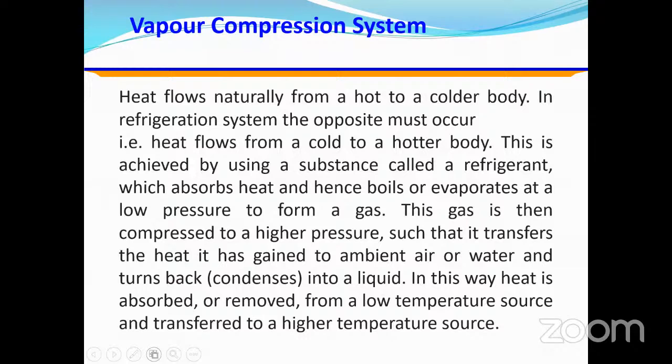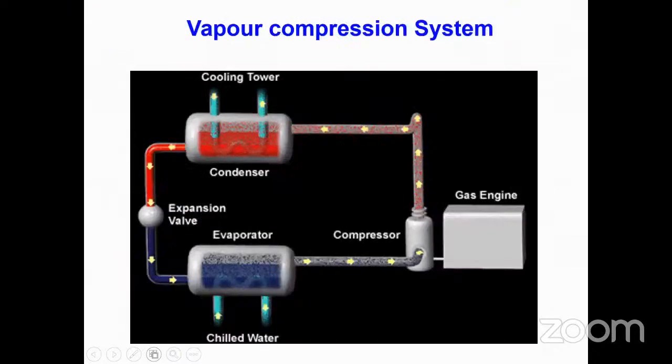The gas is then compressed to a higher pressure and higher temperature, such that it transfers the heat it has gained to ambient air or water and turns back into liquid, which is called condensation. In this way, heat is absorbed or removed from a low temperature source and transferred to a higher temperature source. See, it is working based on the thermodynamic principle.